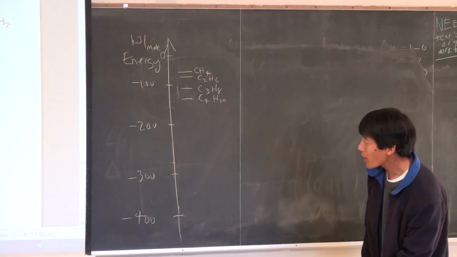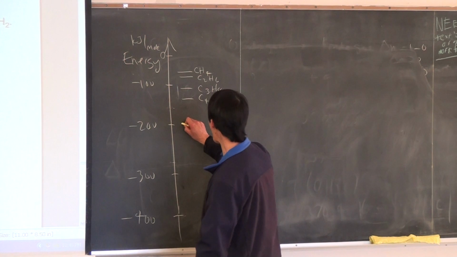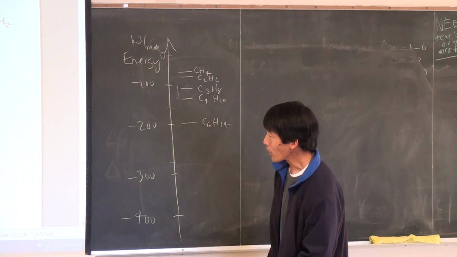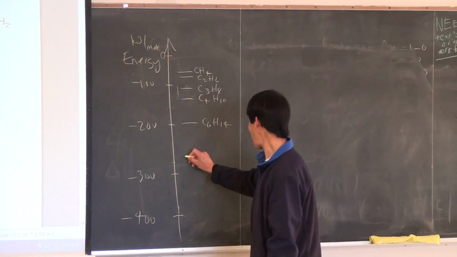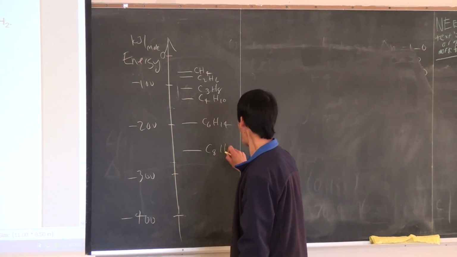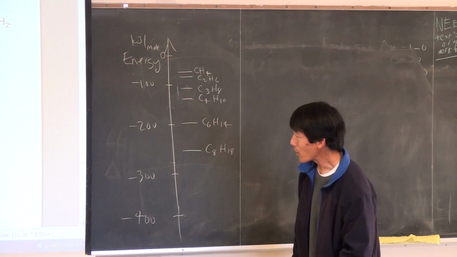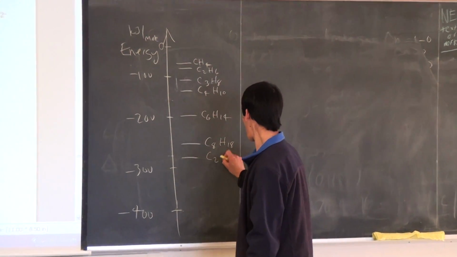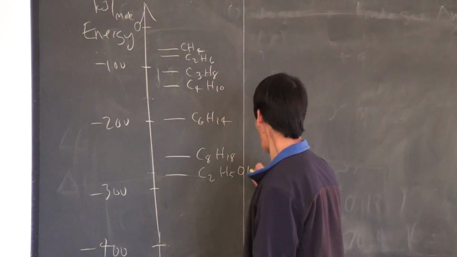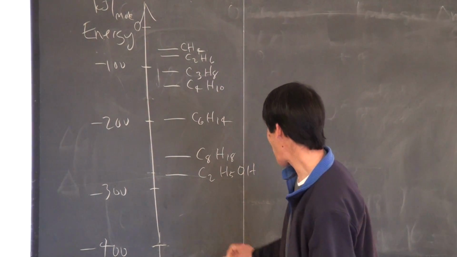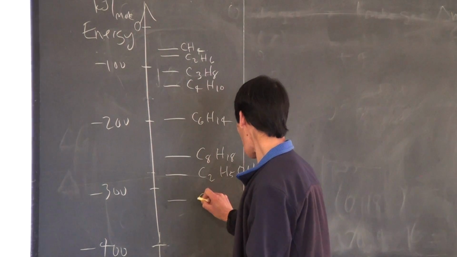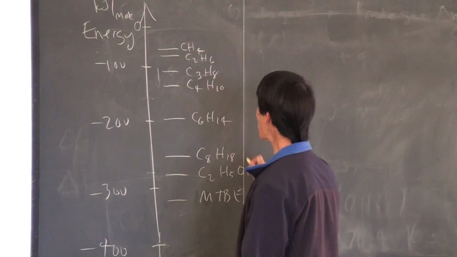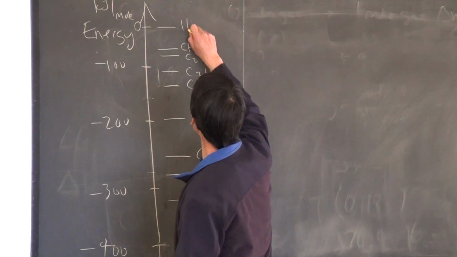And then C6H14 is right about here. And C8H18 is about here. And then let's see, ethanol is just under that. And MTBE is at minus 315. And hydrogen is way up here.